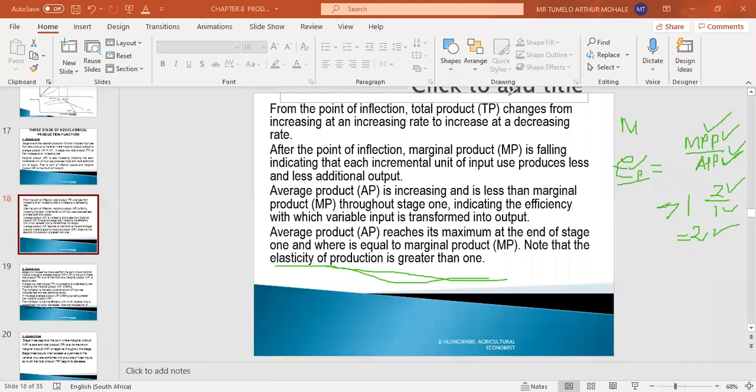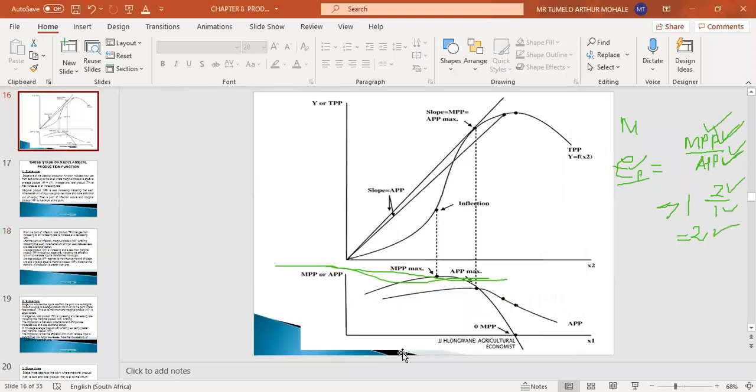And you can even confirm this by going back to the graphs and see if indeed in stage 1, MPP is greater than APP. So let's go back to the graph and see if that makes sense. So this is stage 1.